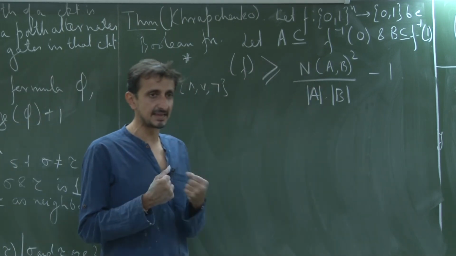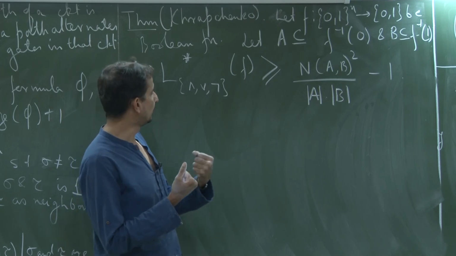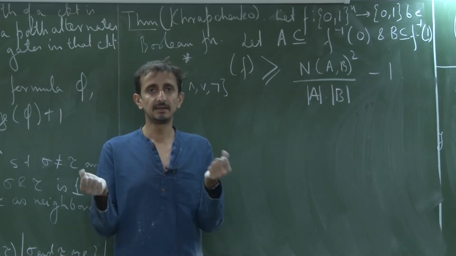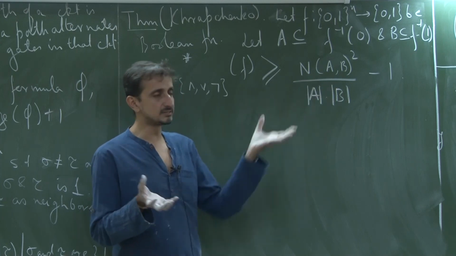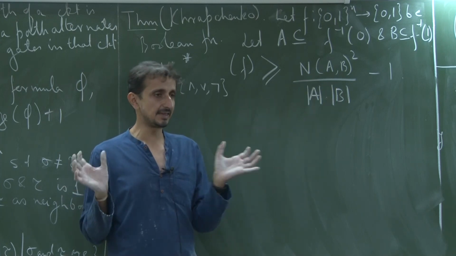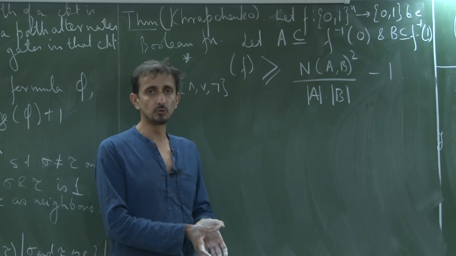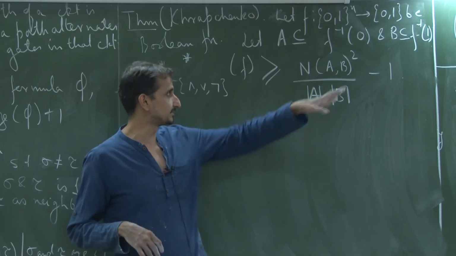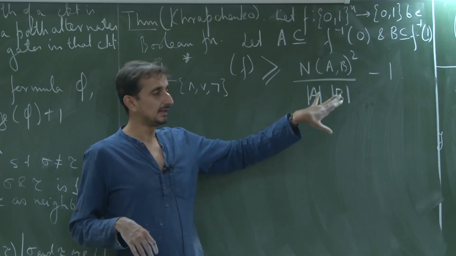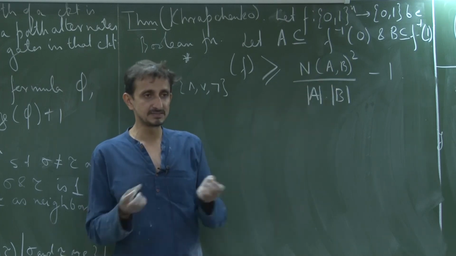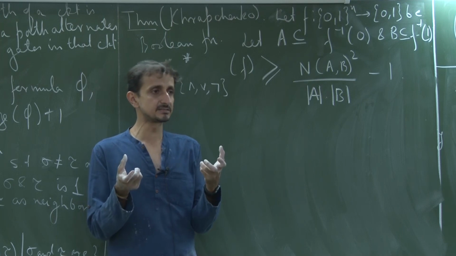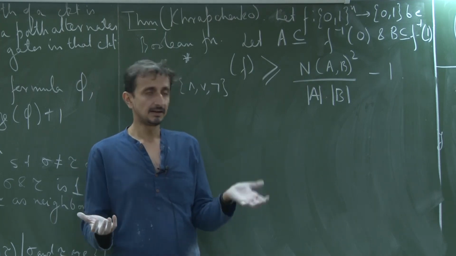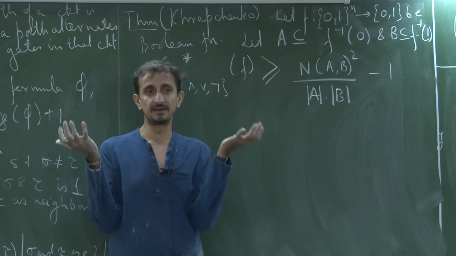So, what this is saying is that if I look at a Boolean formula, and if I look at two sets A and B such that A gets entirely mapped to 0 and B gets entirely mapped to 1, A and B can be anything, it is basically a subset of these two quantities. Then if there are a lot of pairs between A and B which are neighbors, then the complexity of f goes higher.